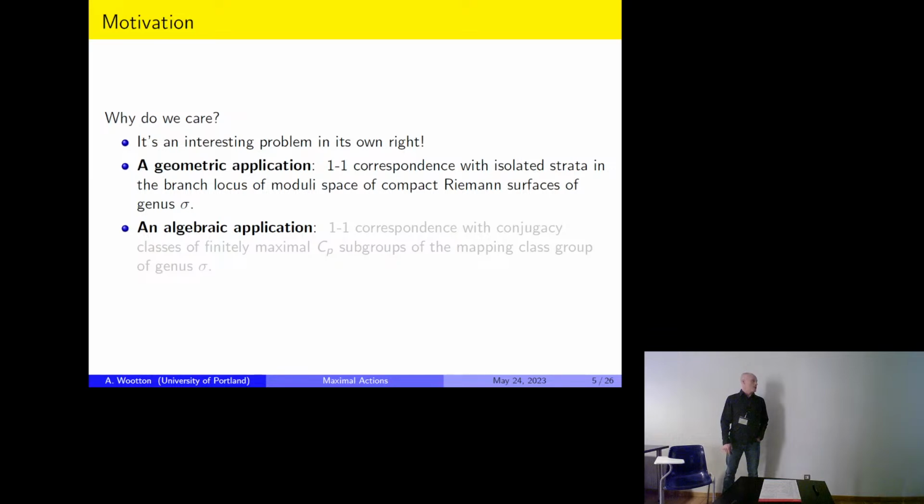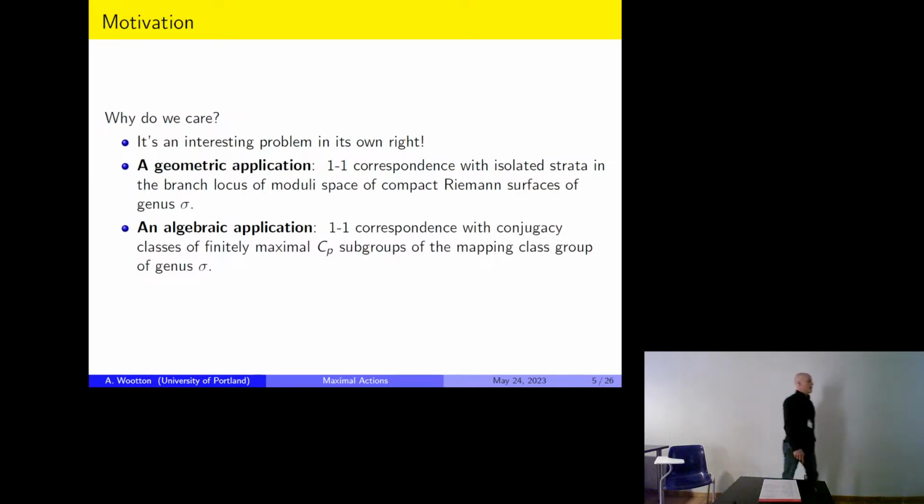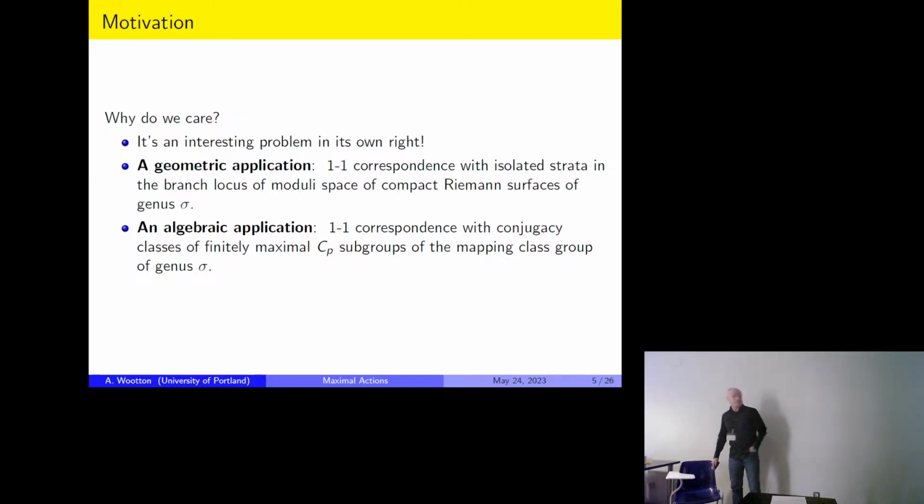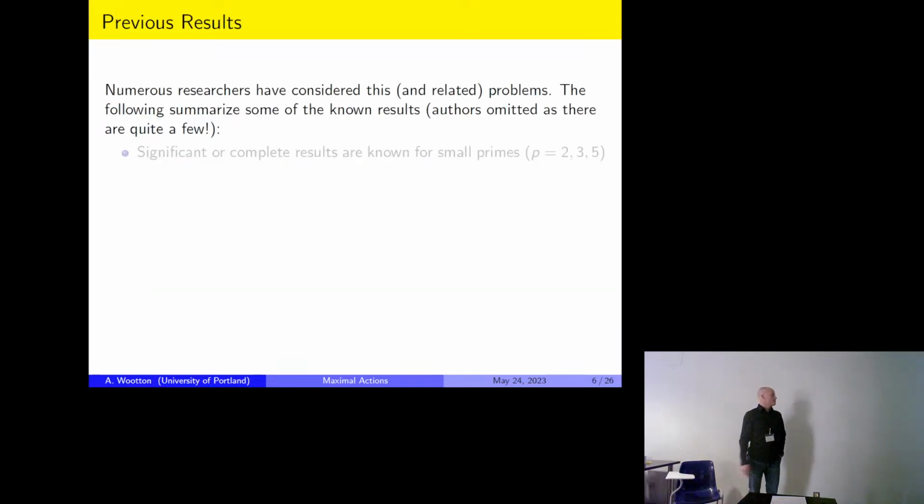And then from an algebraic point of view, there's also a 1-1 correspondence with finite cyclic prime subgroups of the mapping class group, which are themselves finitely maximal. So there are some applications outside of it being interesting in its own right.